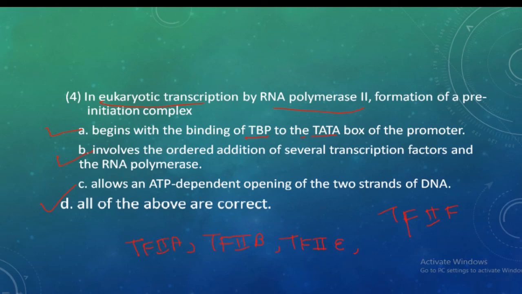Also, it allows ATP dependent opening of the two DNA strands, because we know that DNA is double stranded. For RNA polymerase enzyme to bind to this DNA, it requires the unwinding of this double stranded DNA, converting it to single stranded DNA. Then only RNA pol will come and get attached to it.